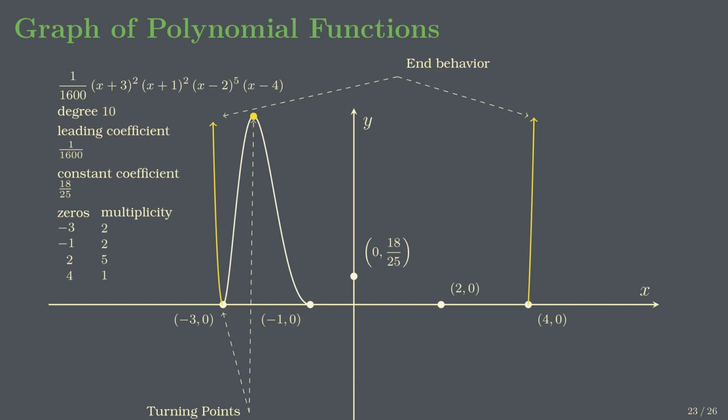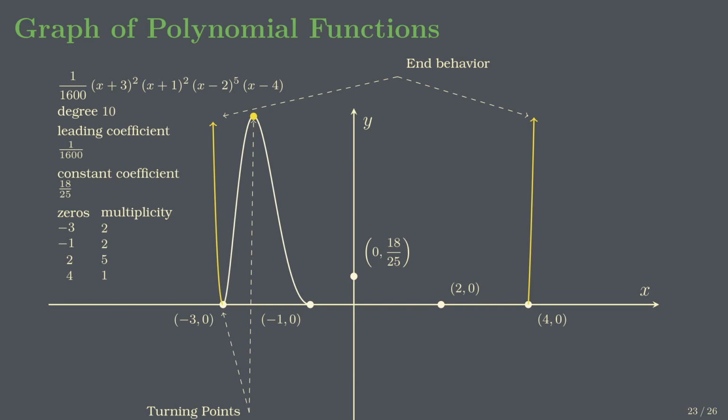We can explain this phenomenon. The fact that at this point the graph of the function rebounds means that the graph will only touch the x-axis but not cross. This is because the multiplicity of minus 3 is 2, an even number.